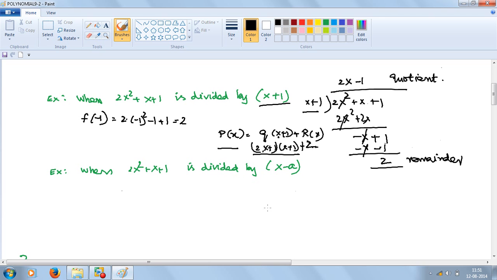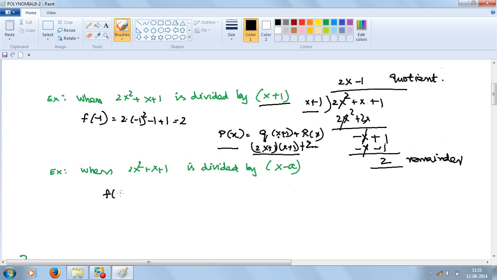Next problem, when 2x square plus x plus 1 is divided by x minus a. This a should not be confused with the coefficient of x square. This has nothing to do with that one. When you divide by x minus this some other constant, the remainder is equal to f of a.